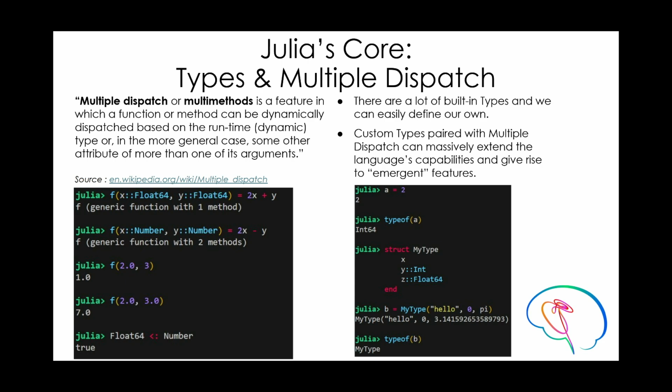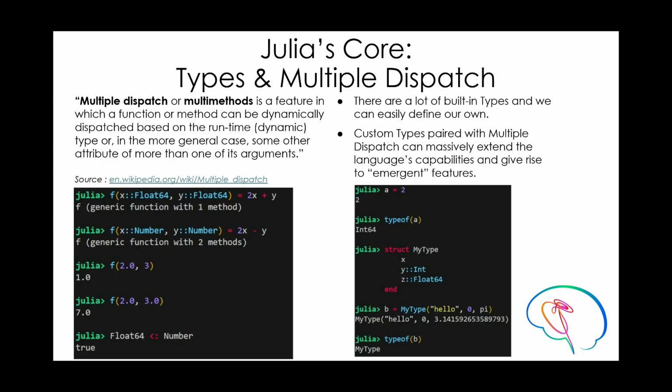So you can see the definition of an f function having two methods, right? The first method works with only floating point numbers with 64-bit precision. And then we define the second method that works with any number. Number is an abstract type over floats.